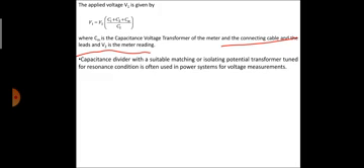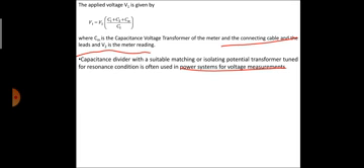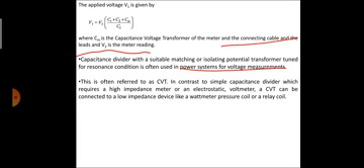Now a capacitance divider with a suitable matching or isolating potential transformer tuned for the resonance condition is often used in power systems for voltage measurements. This is often referred to as CVT. Now we are discussing the capacitance voltage transformer.